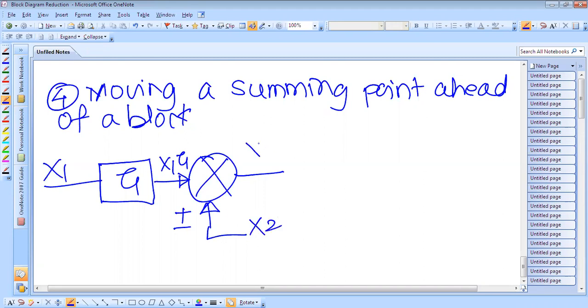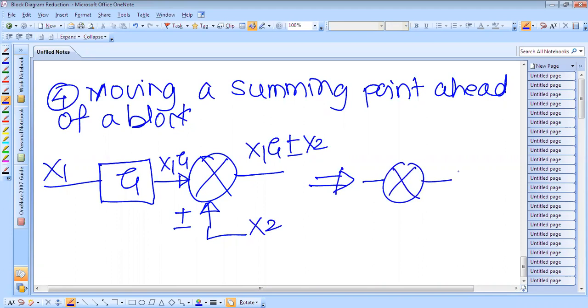So added here is x1G plus minus x2. What do we have to do now? We have to shift this summing point ahead of the block. If you shift the summing point ahead of the block, the block diagram will be like this.